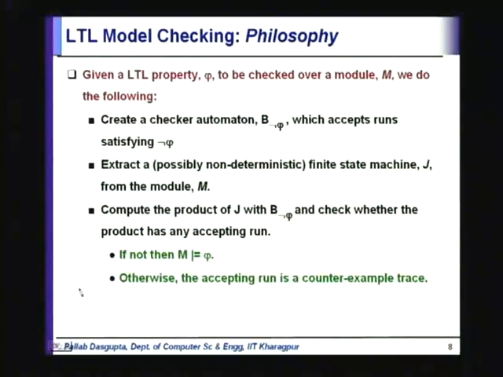In the last class we had seen that the basic philosophy of LTL model checking was this: we create a checker automaton from the negation of the property, we extract a finite state machine from the implementation, and then we check whether the product of these two automata has any run, and the run is an accepting run, where accepting run, as we saw later on, is defined not only by whether it reaches certain states, but the fact that it should reach those states infinitely often.